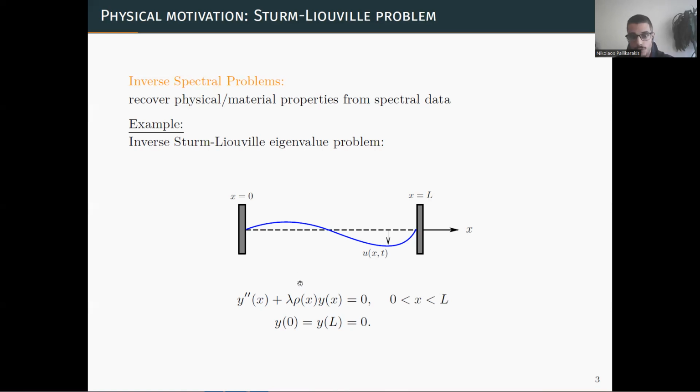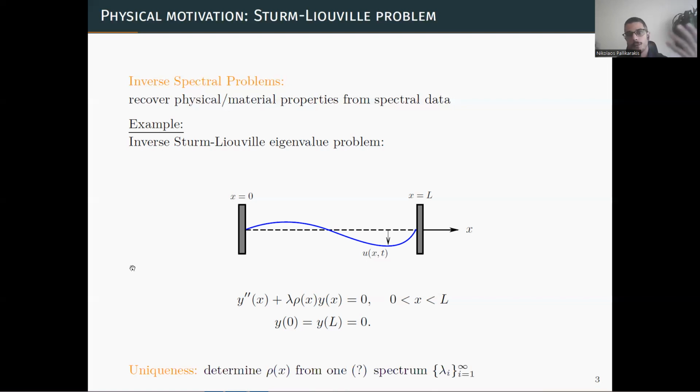This string comes from a non-homogeneous medium with density rho of x here, and we assume that we have a problem with fixed edges at the two edge points. And if the displacement is denoted by this function u, which satisfies the wave equation, then the time-independent part satisfies the well-known Sturm-Liouville eigenvalue problem with Dirichlet conditions at the boundary.